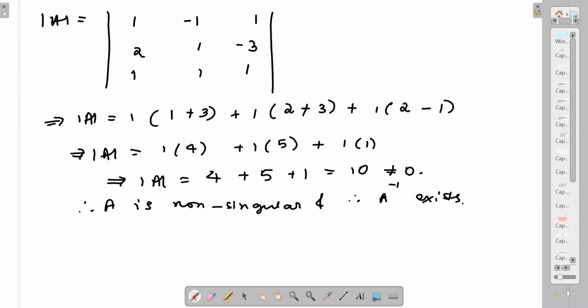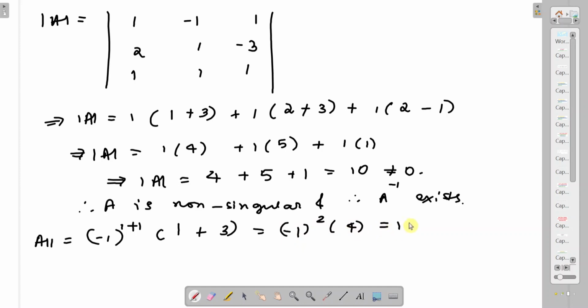Okay, let us now find the cofactors of A. So A11 will be minus 1 raised to 1 plus 1 times the determinant of 1, minus 3, 1, 1. So 1 times 1 is 1, 1 times minus 3 is minus 3, but minus minus plus 3, we will get minus 1 raised to 2 times 4, which is 1 times 4, which is 4.